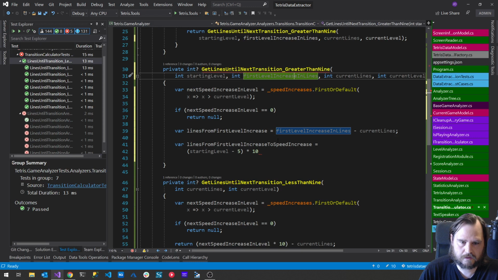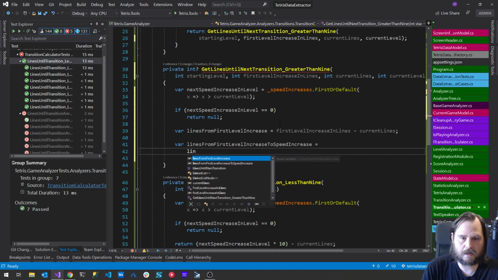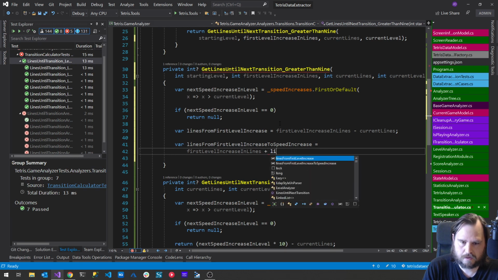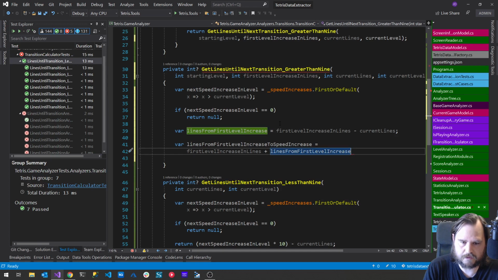So I actually don't need this. It's the first level increase in lines, plus lines from first level increase. Wait a second.